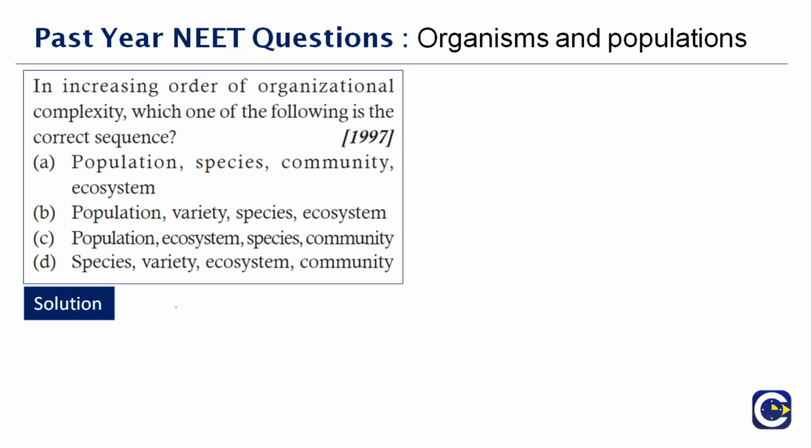So first will come population, then species, then community, and then the ecosystem. Therefore, the increasing order is population, species, community, and ecosystem. The question is very clearly mentioning it is an increasing order. So we are starting with population and ending with ecosystem. Therefore, the right answer to this question is option A.